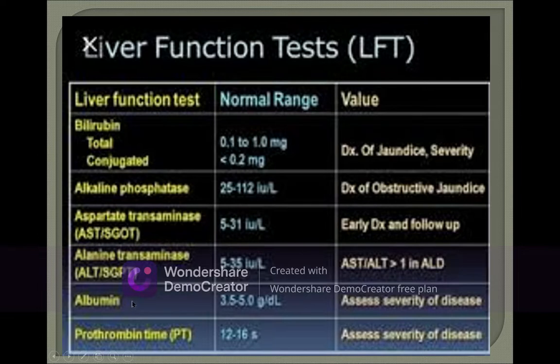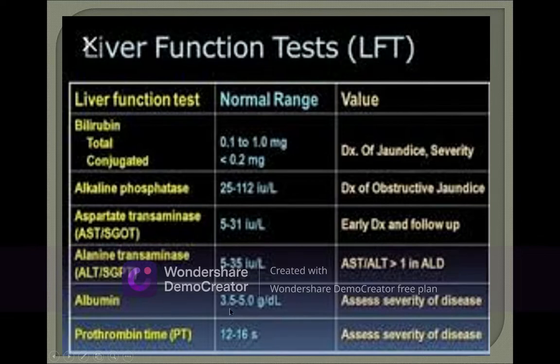The other test we do here is albumin, which is a functional test, normally 3.25, because there are many functions of the liver, and one is protein synthesis. Albumin is the basic protein. It should be 3.5 to 5, and the total protein is about 5.5 to 8.5.